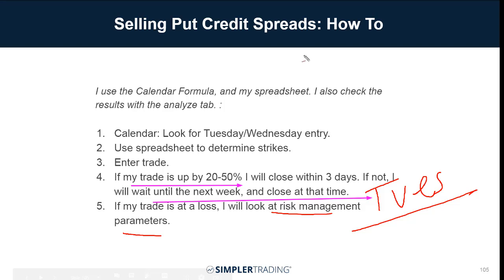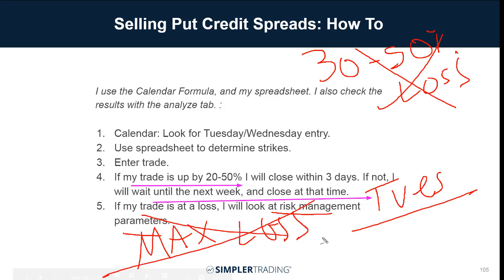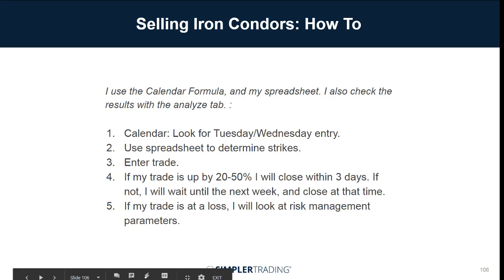So you need to make sure that if your trades are getting to anywhere between a 30 to 50% loss, it is much better to just close it out because we do not want a max loss. Believe me, it's much better to get a 30 or 50% loss than it is to get a max loss.